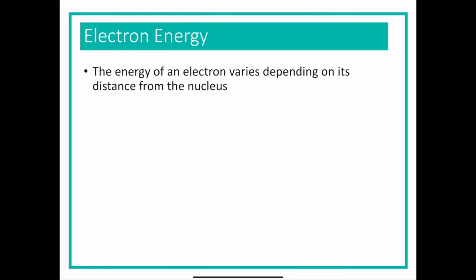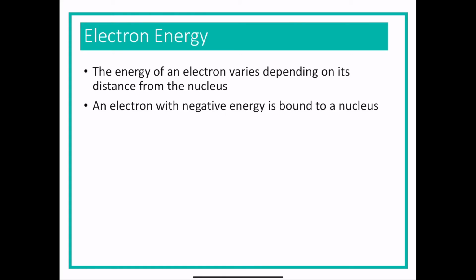So the energy of an electron depends on how far away from the nucleus it is. If an electron has negative energy, so if you do a calculation and you come up with a number for energy and it's a negative number, that means it's bound to a nucleus. It's actually part of an atom or structure.